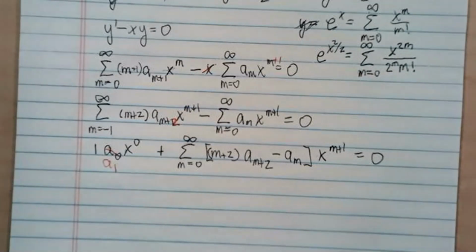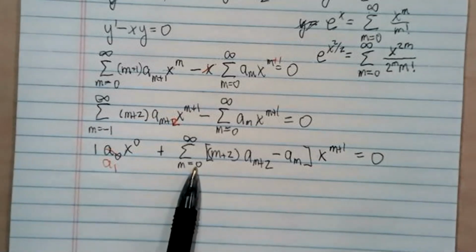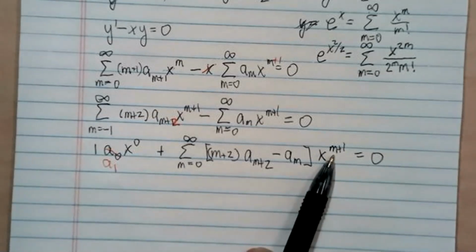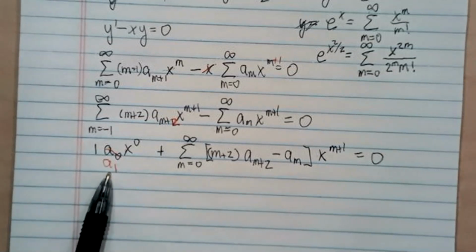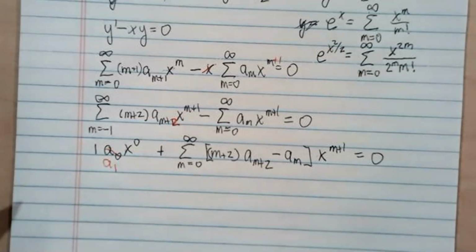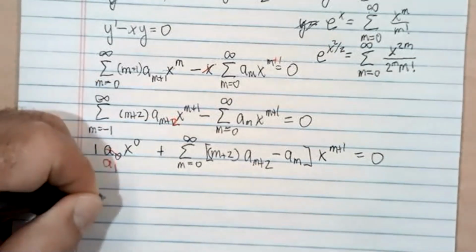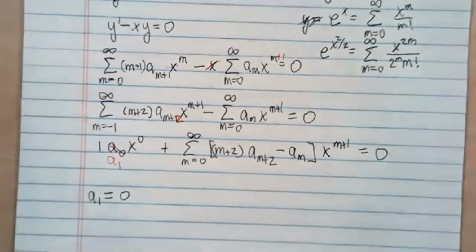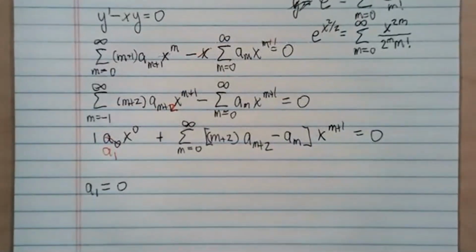All right. Now, this series starts with x to the 1 power. So there is only one constant term in this whole expansion, and it's this right here, a1. Therefore, a1 itself must be equal to 0. There's no alternative. Otherwise, you can't get a 0 on the left-hand side.